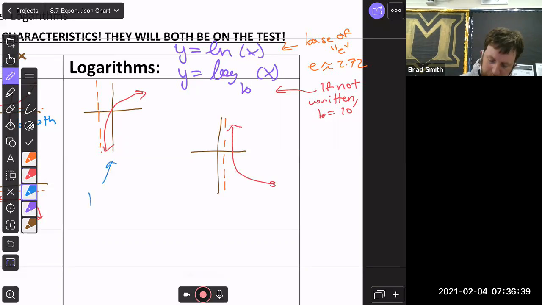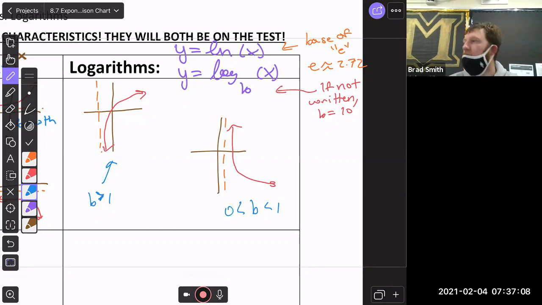Remember, this is if your b is greater than 1, and if your b is between 0 and 1, those are your two options. If your b is between 0 and 1, you've got your decay-looking log. If your b is greater than 1, you're good to go. Cool.